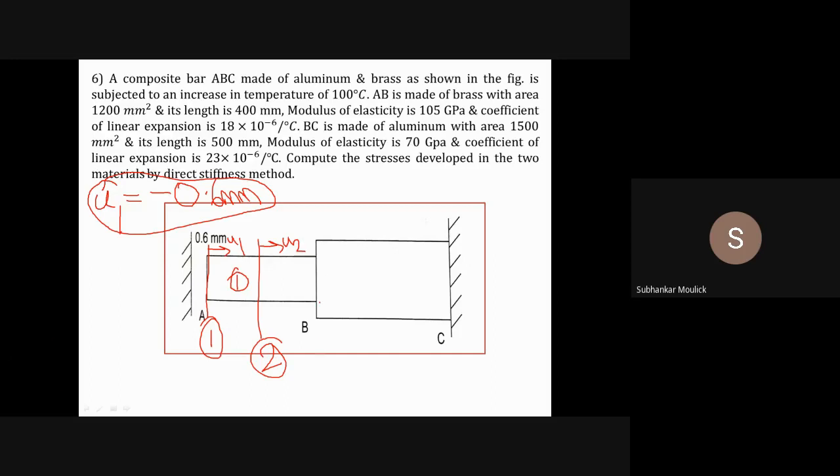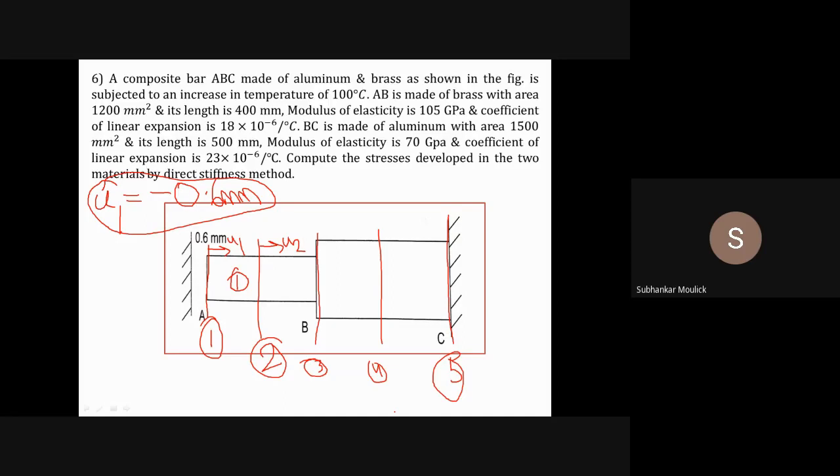One more boundary condition is given to you. Can you tell me what that boundary condition is? Sir, it's a cantilever beam. Can anyone tell me?